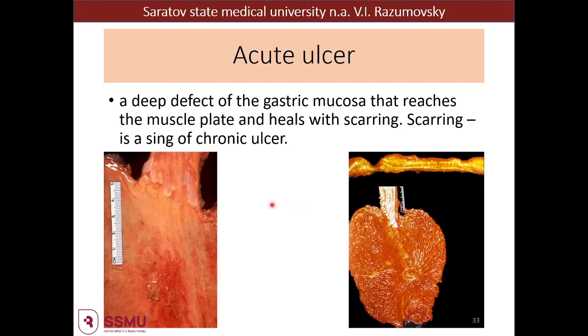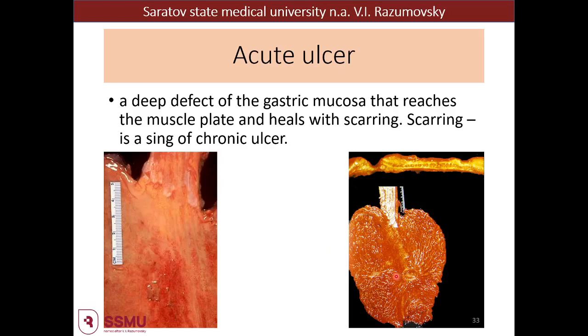Acute ulcer is a deep defect of gastric mucosa with damage of muscle plate and heals with scarring. And on this slide you may see acute ulcer here and here. And after acute ulcer, we may see chronic ulcer. It will be the same formation, but with development of connective tissue in the bottom of it. So scarring is a sign of chronic ulcer.